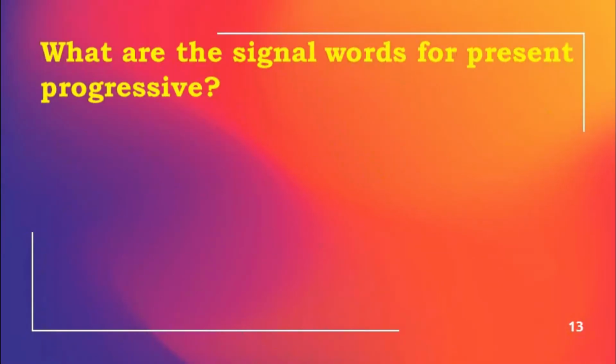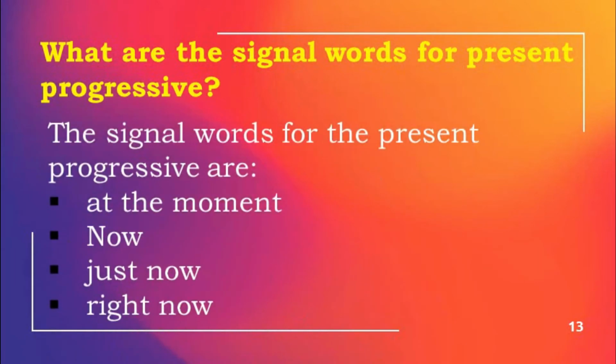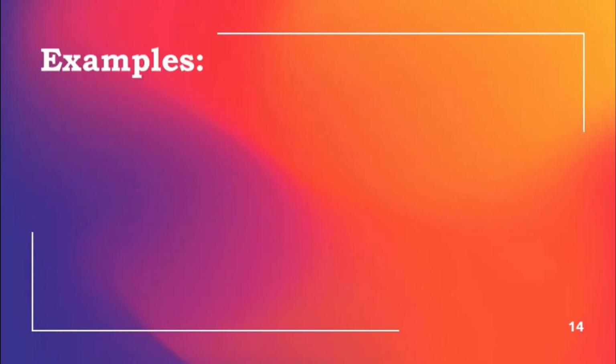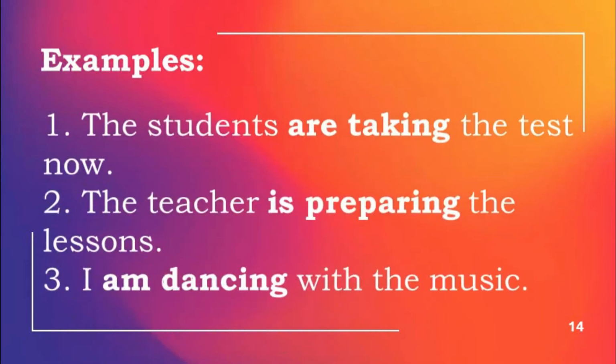What are the signal words for present progressive? The signal words for the present progressive are at the moment, now, just now, right now. Let's have examples.